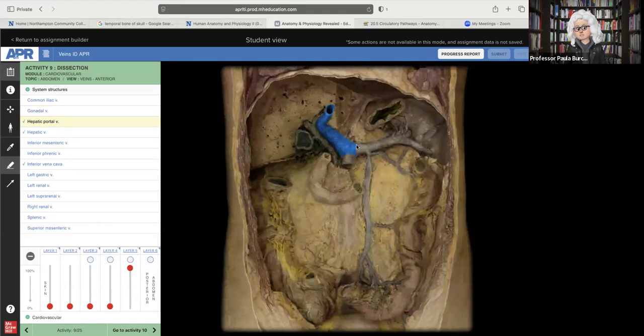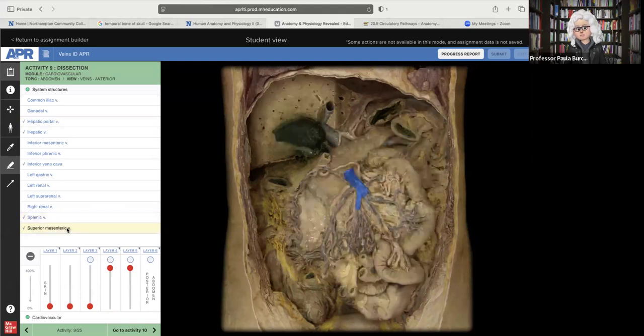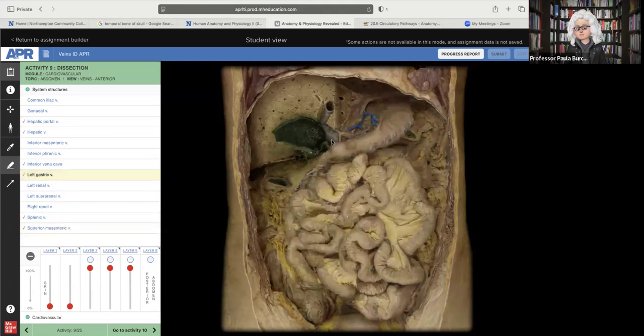Now, associated with that, also draining into it, you'll notice the splenic vein coming from the spleen and the superior mesenteric, which you just see there. The left gastric is draining the stomach. This is the stomach right here. Gastric refers to stomach.